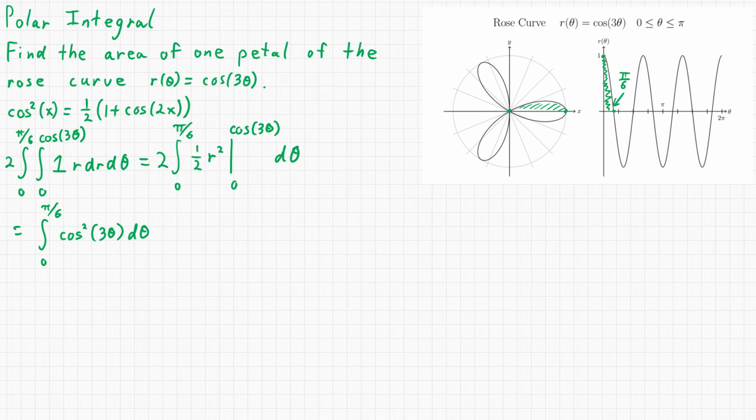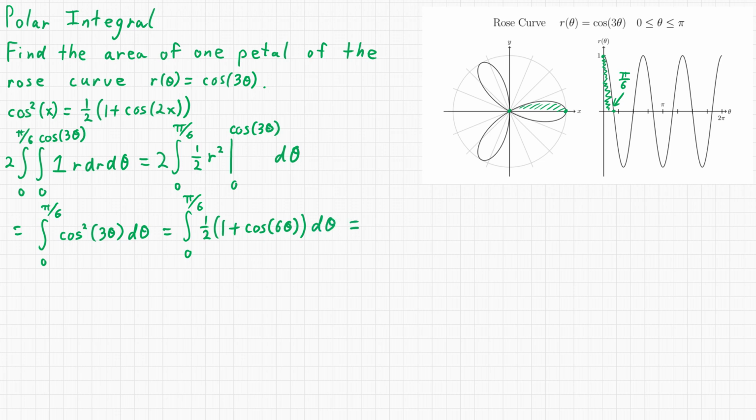We don't know how to integrate cosine squared, so that's why I had this hint pre-written at the beginning. If you have cosine squared of something, it equals 1/2 times 1 plus cosine of 2 times that something. So we can rewrite this as the integral from 0 to pi over 6 of 1/2 times 1 plus cosine of 2 times the thing inside, so it ends up being 6 theta, d theta.